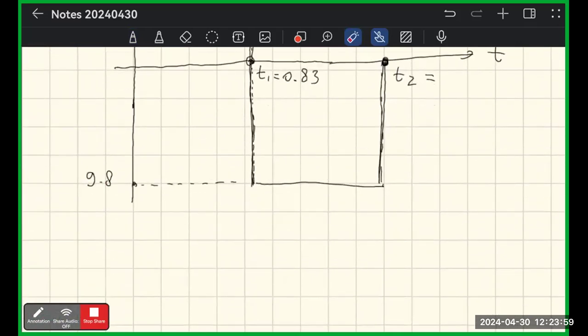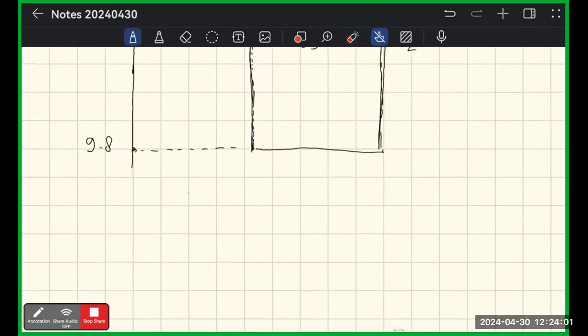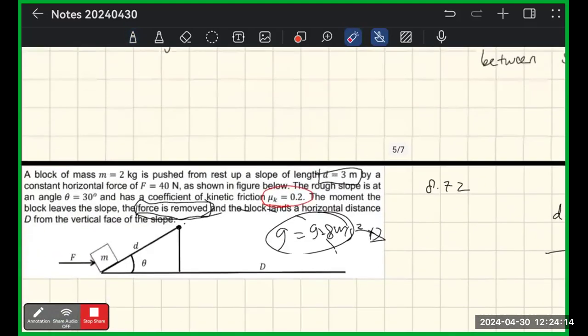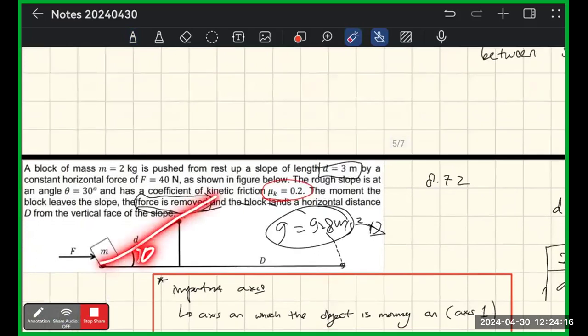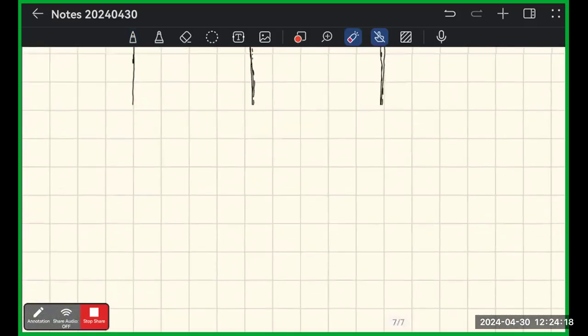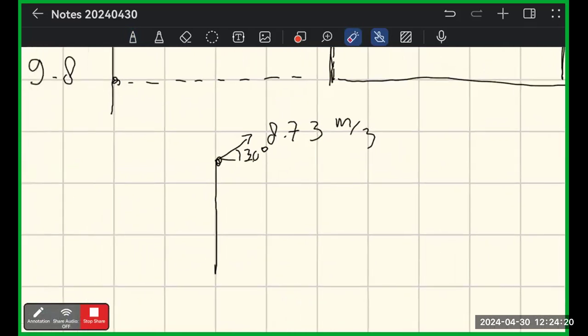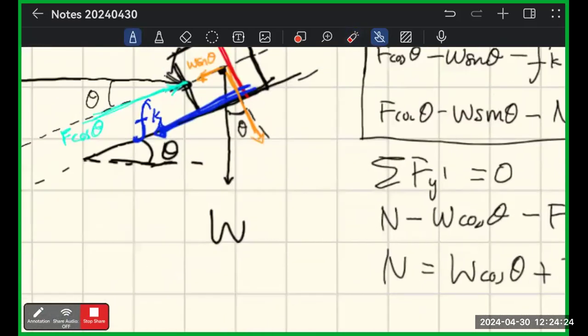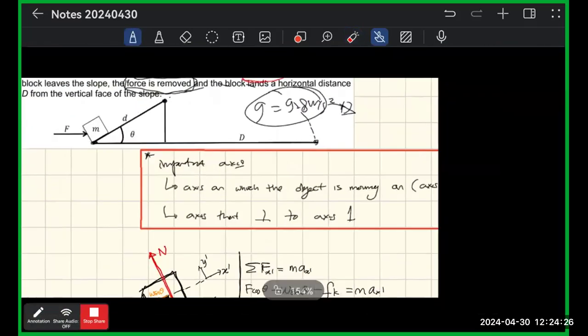Okay, and then after that, we'll just do the 8.03 meter per second with theta here being 30 degrees, because it's moving in the direction of theta, right? It's 30 degrees, and it has the initial height, because this is d, right?